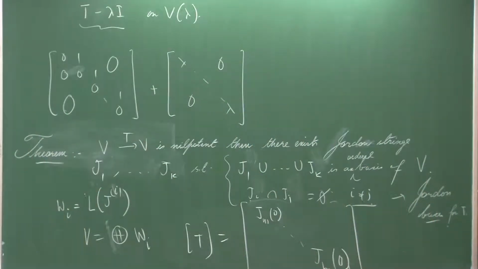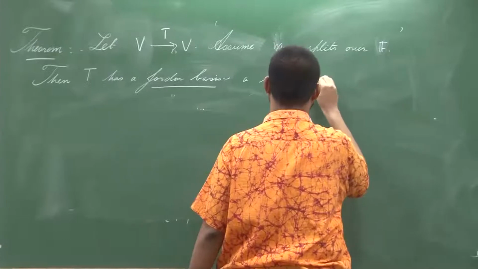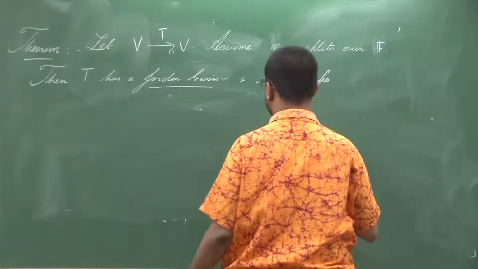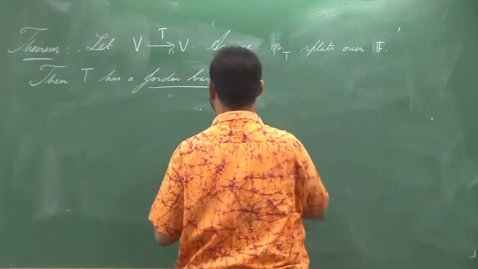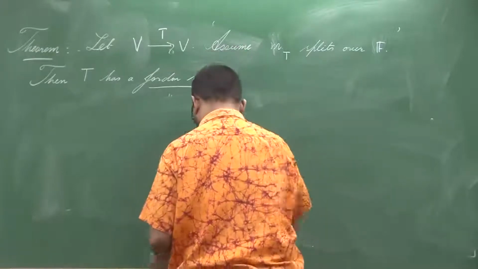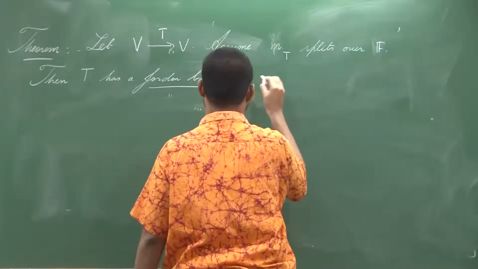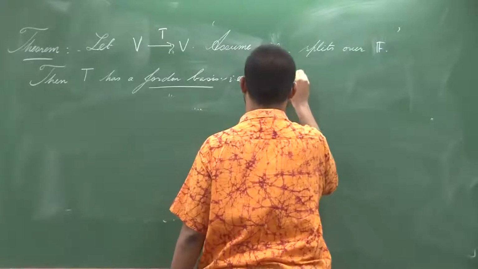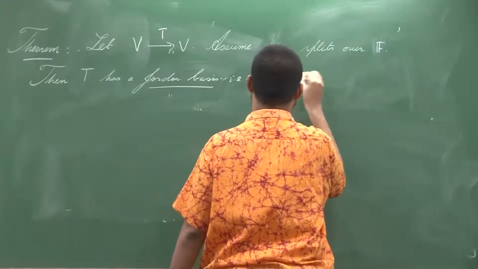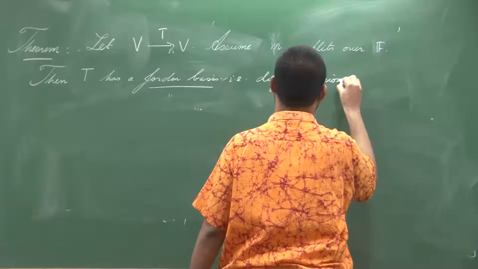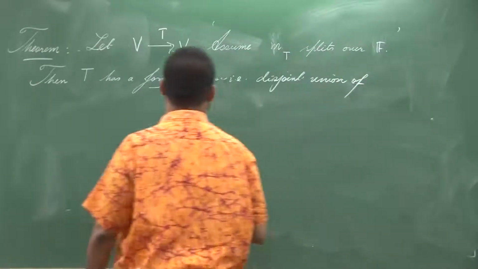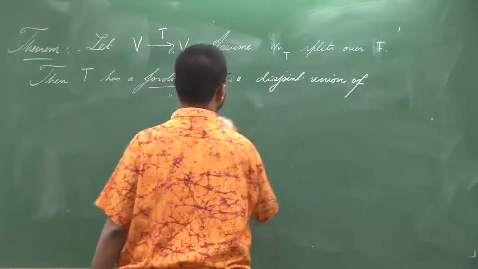So it has a Jordan basis, that is a basis which is the disjoint union of Jordan strings.